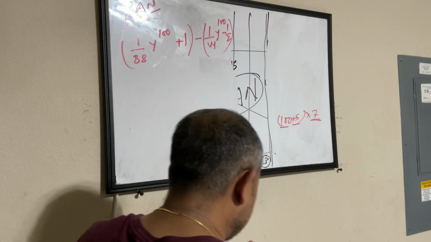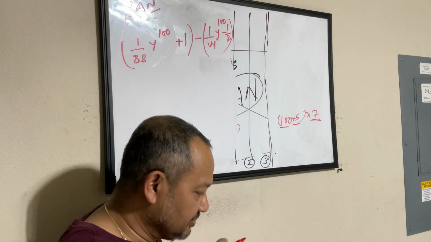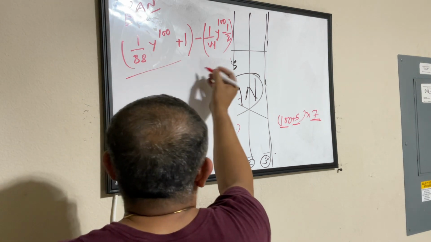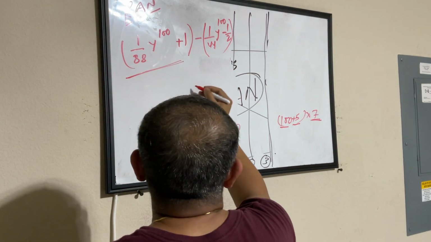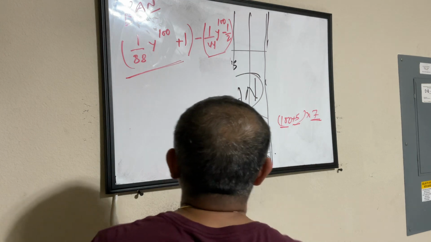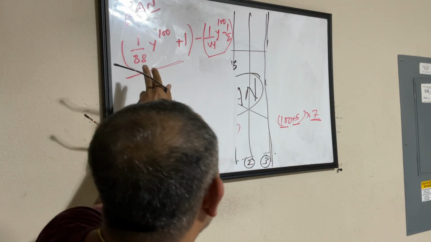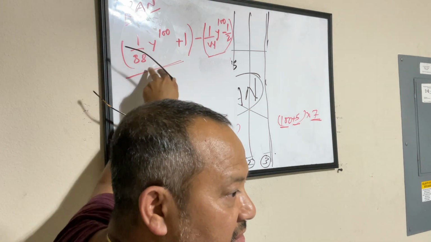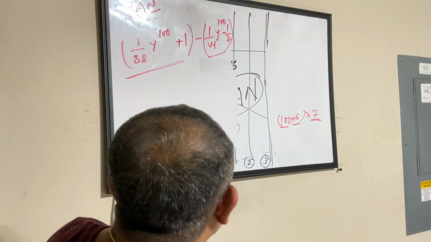We have 4 options, but I'm not going to give you the options right now just to save time. So this is one polynomial expression, this is another polynomial expression. What are we trying to do? Subtract one polynomial expression from another polynomial expression. Can you guys do it real quick and tell me what the answer would be?